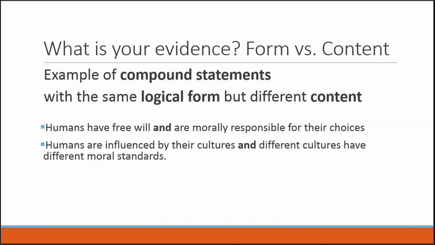Penguins are birds, and so are ducks. Each is two simple statements joined together by the logical connector and. All three compound statements have different content, but the same form. The form of these statements is and, or they are conjunctions.